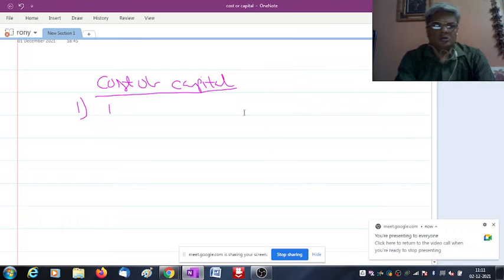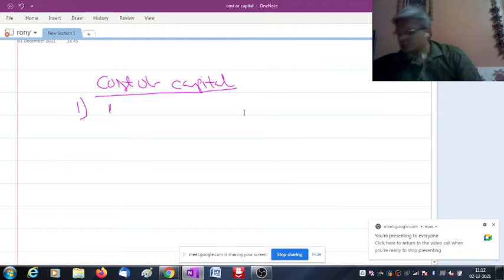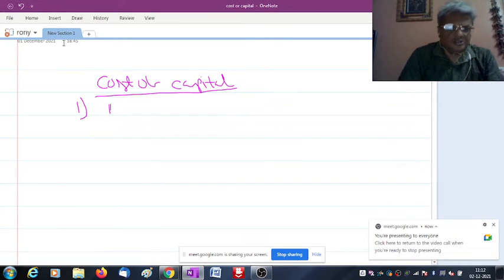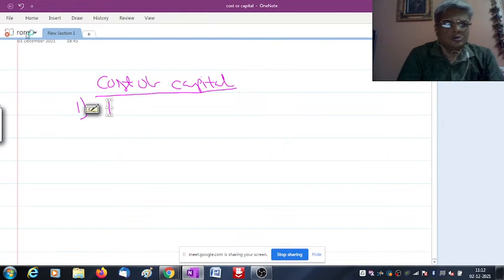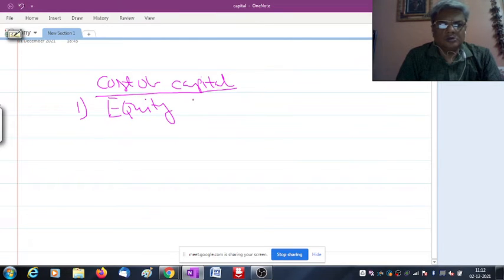Okay. So first we have discussed the capital structure. Now we'll start with equity share capital.